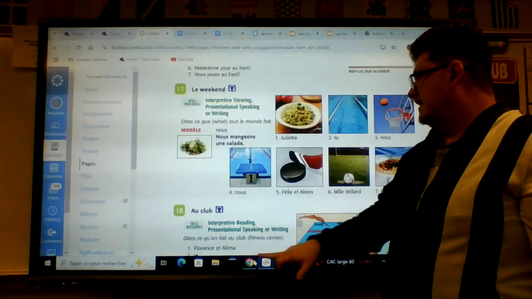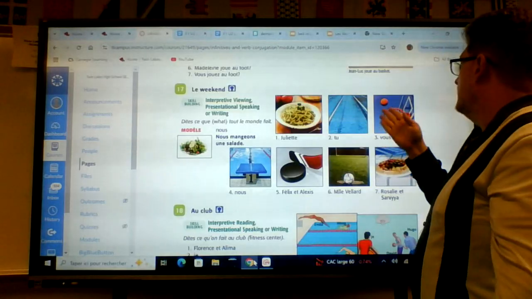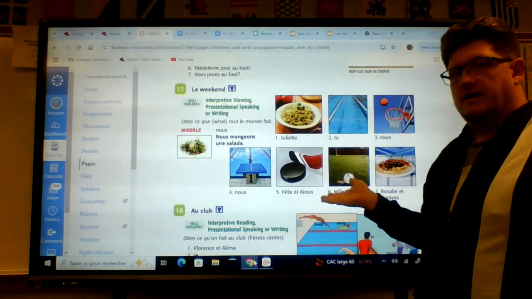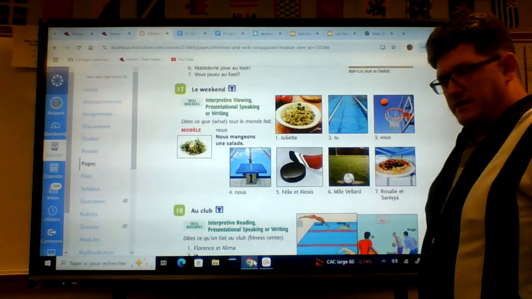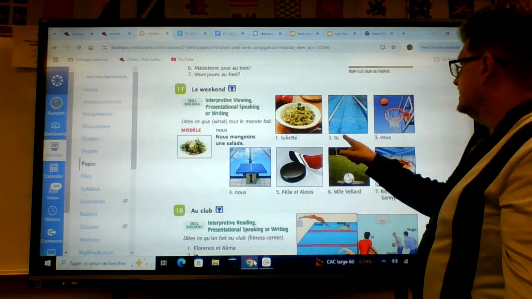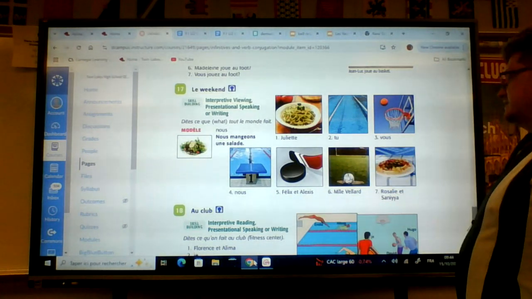Comme ça. Facile. So then you look at this one, they might be swimming. They might be playing basketball. So all of those verbs are ones that you have on your vocab list. So you start with the name or subject. So in this case, it's tu, vous, nous, Félix and Alexis, Madame Bayal, Rosalie et Sania.